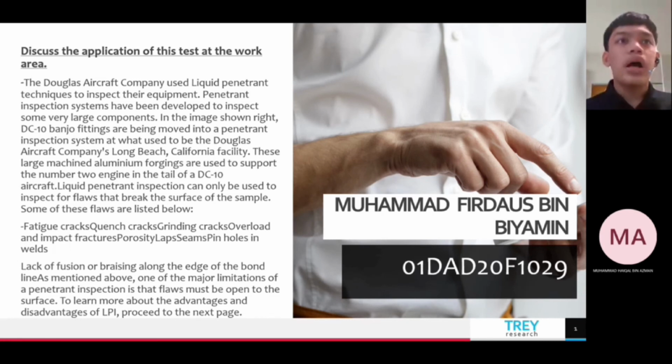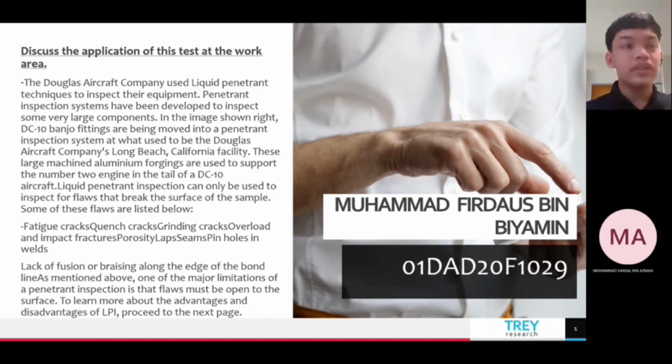This large machined aluminum forging is used to support the number 2 engine in the tail of a DC-10 aircraft. Liquid penetration inspection can only be used to inspect flaws that break the surface of the sample.